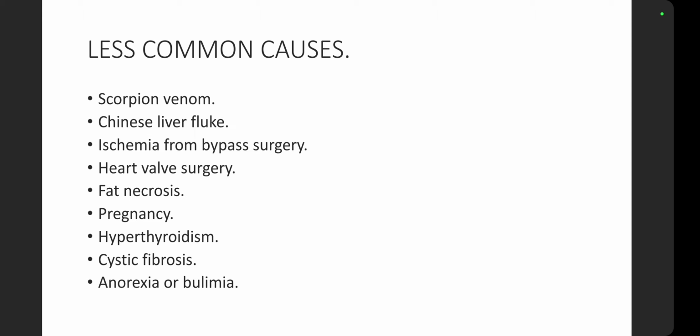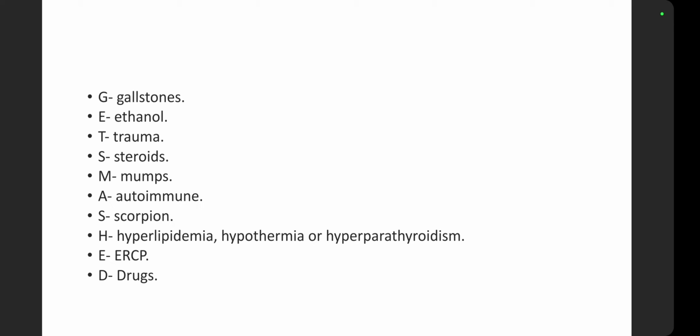We have scorpion venom, Chinese liver flukes, ischemia from bypass surgery, heart valve surgery, fat necrosis, pregnancy, hyperthyroidism, cystic fibrosis, anorexia, or bulimia. So we have a mnemonic here, the one that we call GET SMASHED.